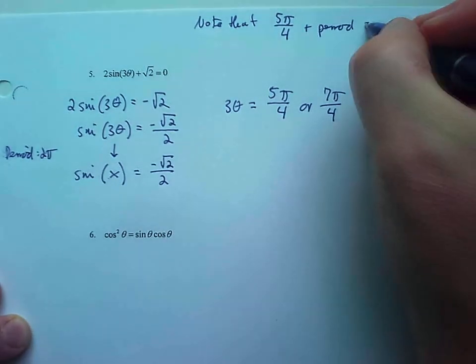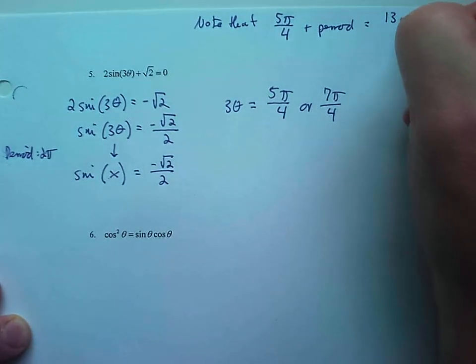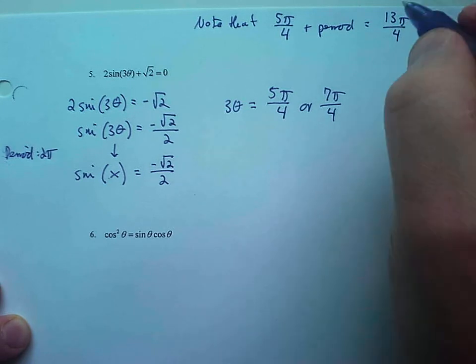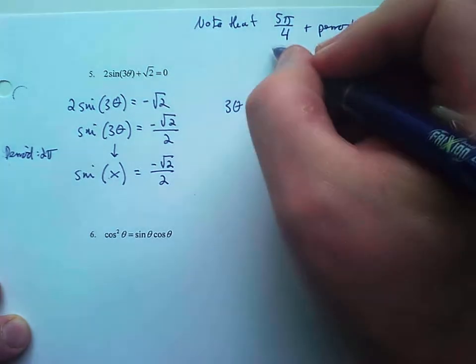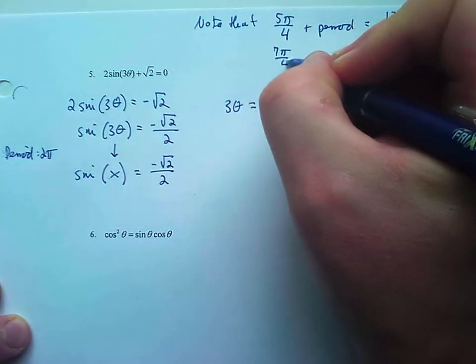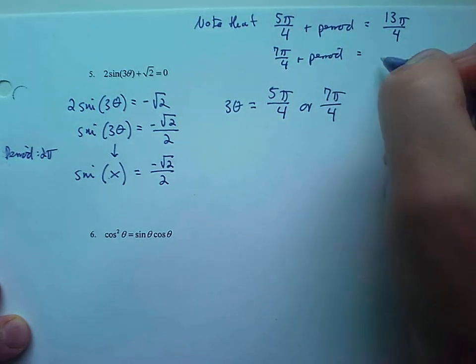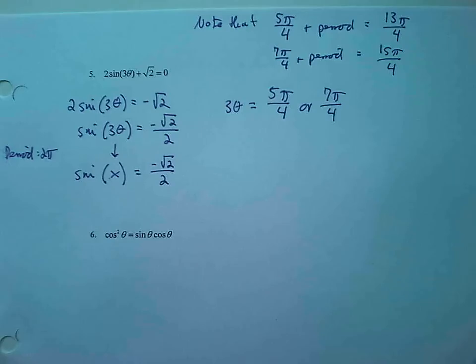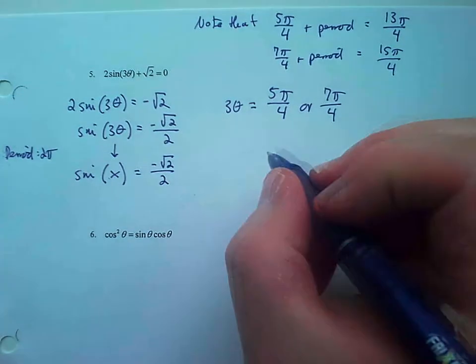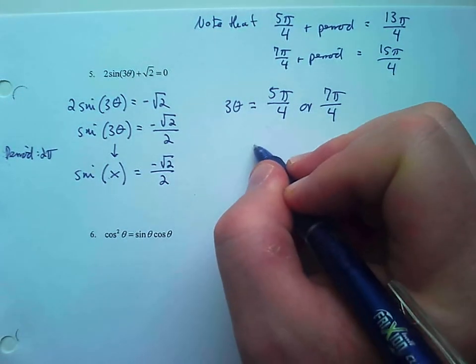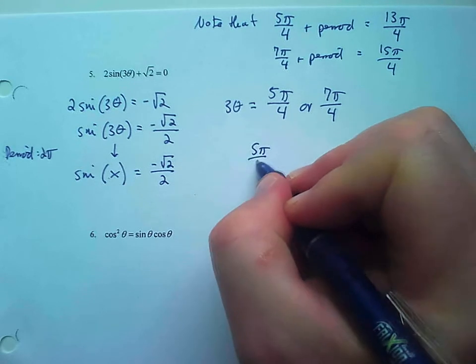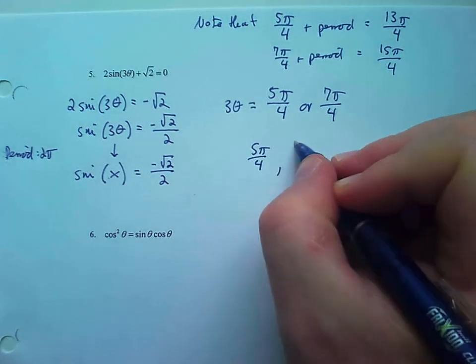If we add the period to this, we're going to get 13 pi over 4. If we take 7 pi over 4 and we add the period to it, we're going to get 15 pi over 4.